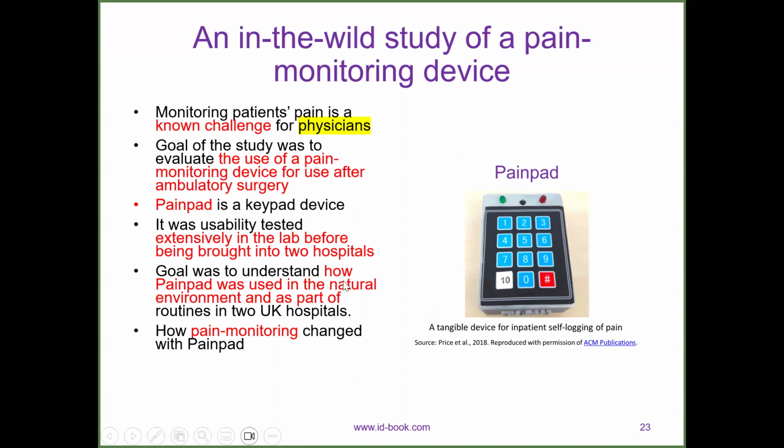Here is an example of a pain monitoring device given to patients after their surgery. The pain pad comprised numbers from 0 through 10, with 10 being the highest and 0 the lowest level of pain. The patients were monitored by giving them the pain pad.